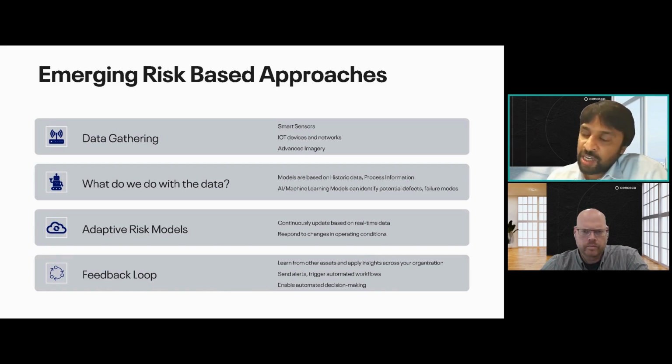Based on continuous data, you're updating risk models, and based on your risk criticalities, you can primarily focus on repair actions, replacement actions, and things like that, because you already have continuous monitoring sensors to drive inspections on a regular basis.